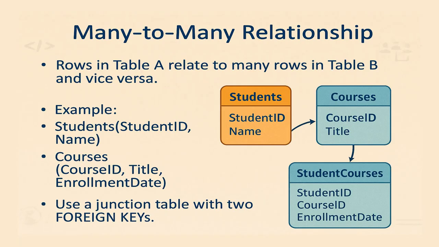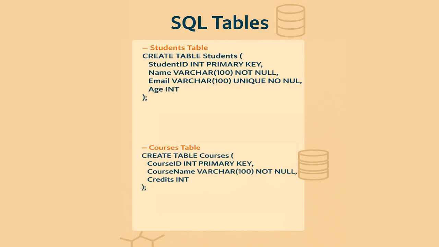How to write the SQL statements? Let's imagine that here we have two tables. The first one is the students table, and the courses table is the second. For example, if we add these attributes to the students table, here we have the student ID as primary key.